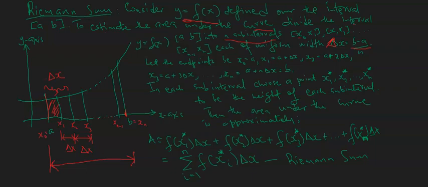So let the endpoints be x0, which is equal to a, x1, x2, x3, such that x1 will be a plus delta x, x2 is equal to a plus 2 delta x, and so on, until you reach the last one, xn, the same as a plus n delta x, which is equal to b, the last endpoint.